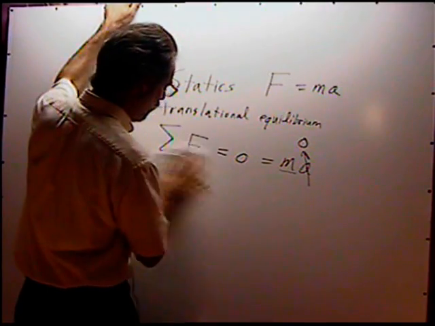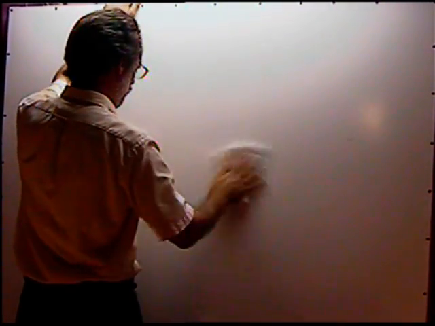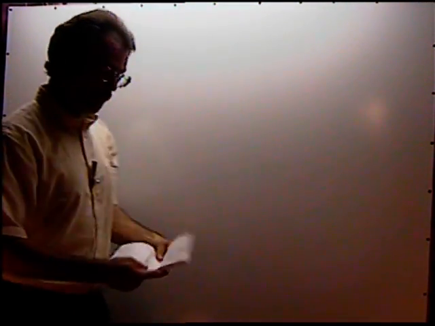The simplest condition that we can think of to have static equilibrium is when we have an object that's simply hanging from some beam.